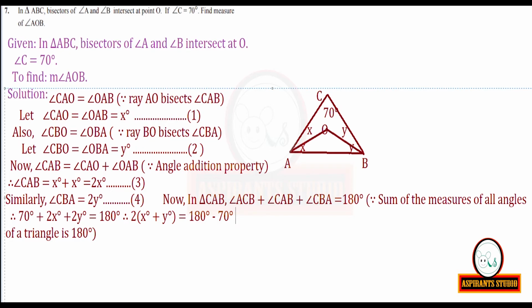I am bringing the 70 degrees to the other side of the equal to sign. So plus 70 degrees becomes minus 70 degrees. Now 180 degrees minus 70 degrees is 110 degrees. So you will get 2 into x plus y is equal to 110 degrees.